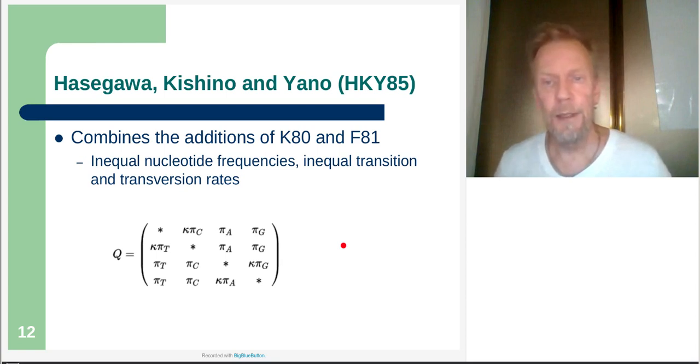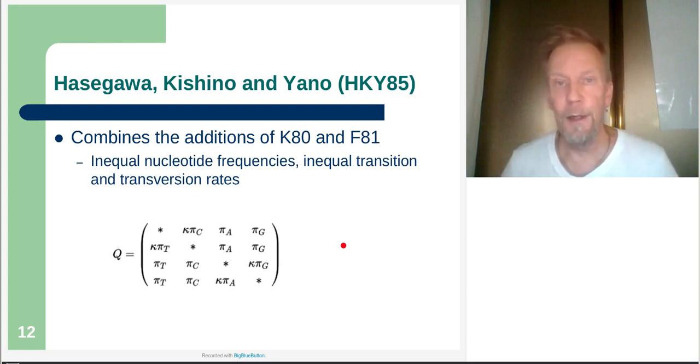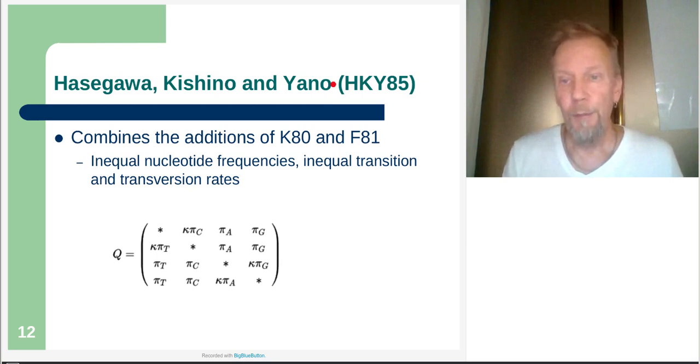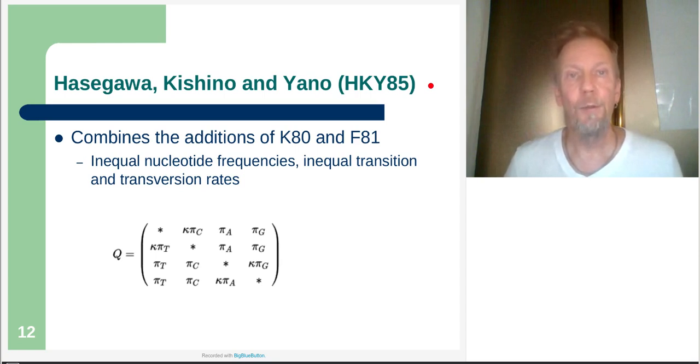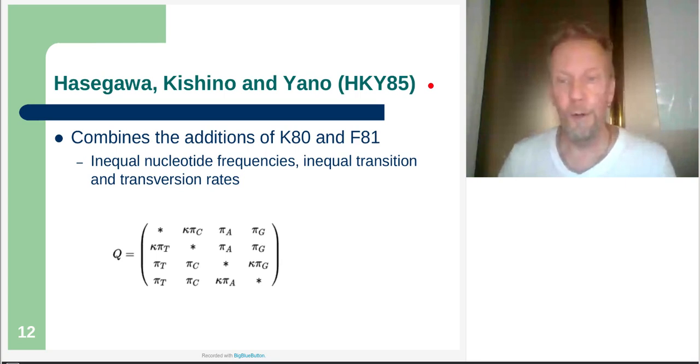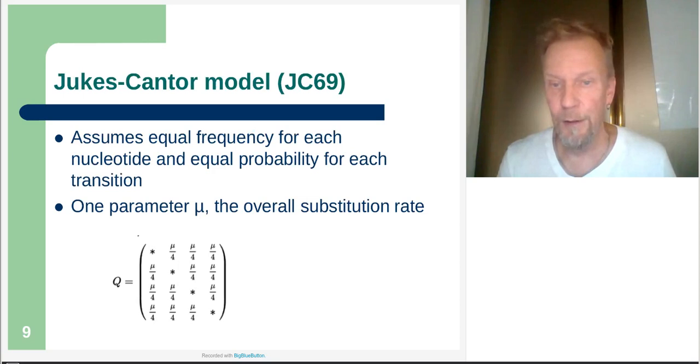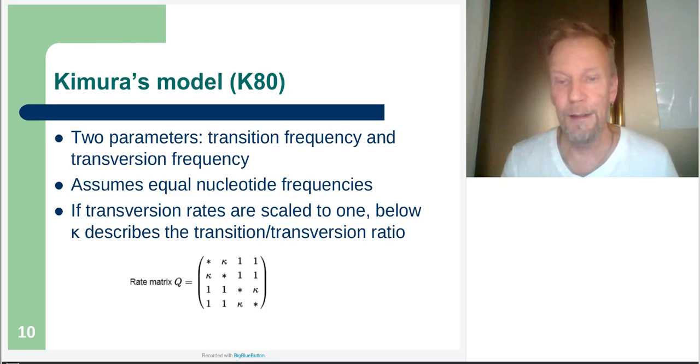The reason I'm presenting these models here is that you have a short form of presenting what these abbreviations mean, because you find them in the selection of different models to choose from in the phylogenetic program. So you might remember some of these, or you can at least refer back to these notes when you figure it out. And I can tell you that the simplest model is not really of any use, so you can skip Jukes-Cantor in any case.